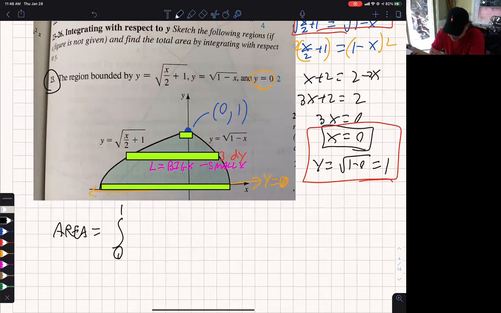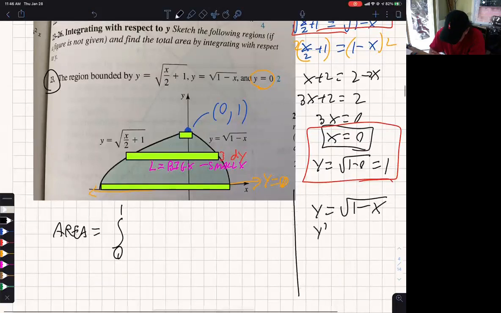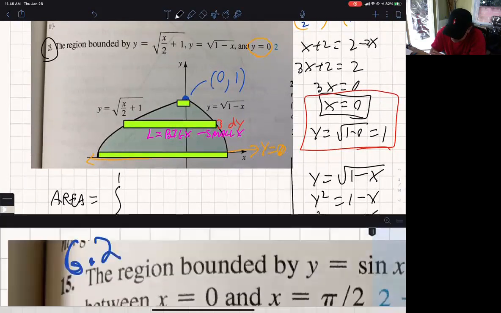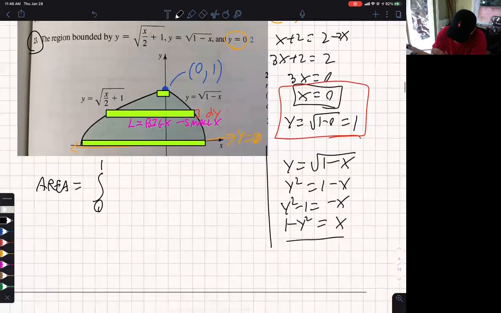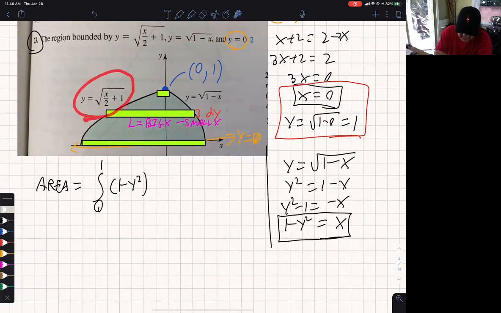That's y equals. I don't want y, I want x. So more work that you'd have to do, you'd have to solve this for x. Square both sides. Subtract 1 from both sides. Multiply both sides by -1. So this will be your big X. Now, my small x is right here.